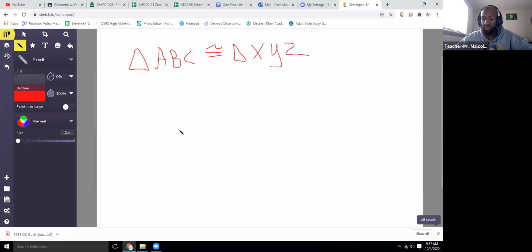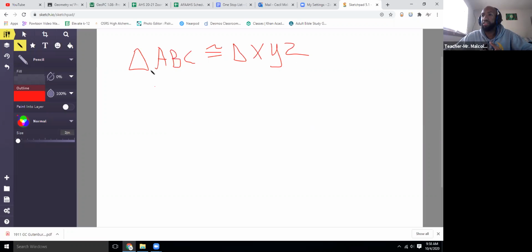Now, from this statement, what must be true? Well, there's a few things that we can see right off the bat. Because the congruent statement is written in this order, we can tell which angles and which sides are congruent without drawing out triangles, without doing any of that.